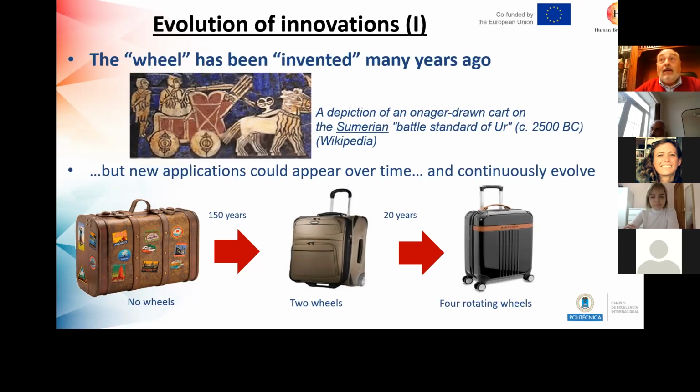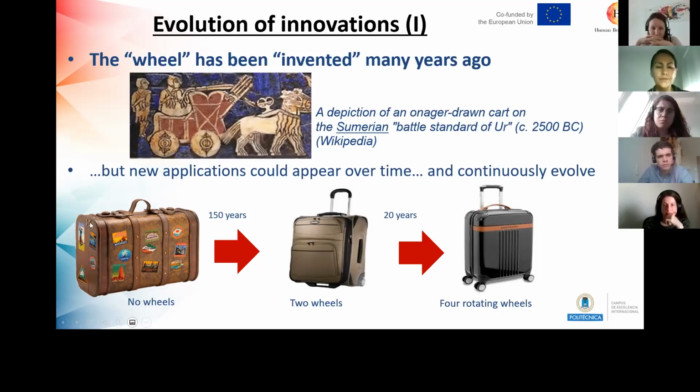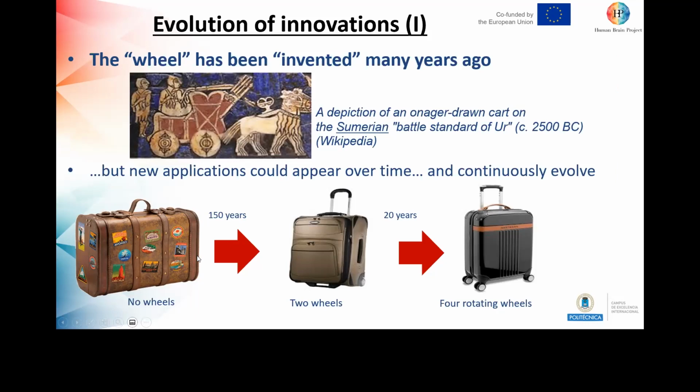And then even at the very beginning, these luggages had only 2 wheels. Then at the end, we now have in the market luggages with 4 wheels, with rotating wheels, to be able to manage the luggage in that way. I don't know what type of luggage you have. Maybe you could have these ones in some cases where you need to carry heavy things.